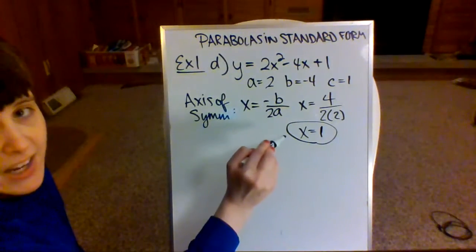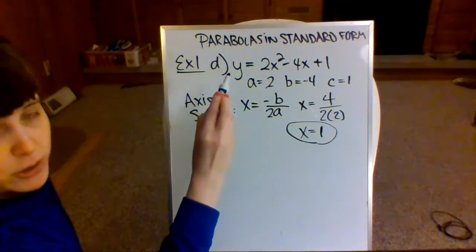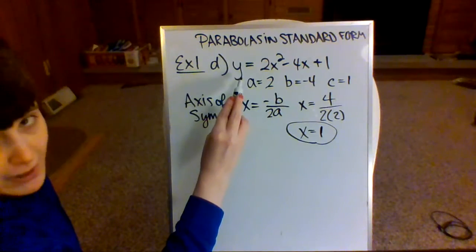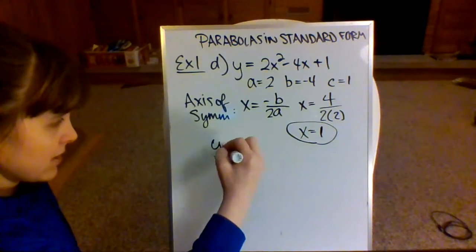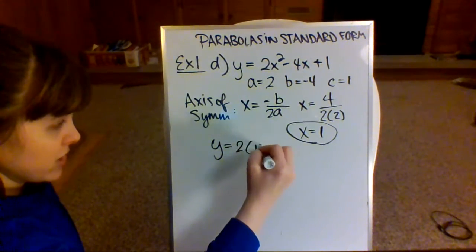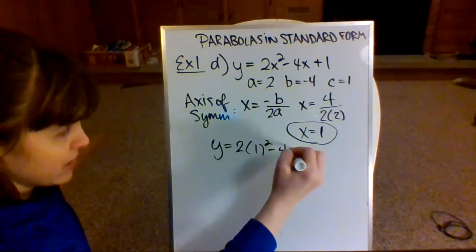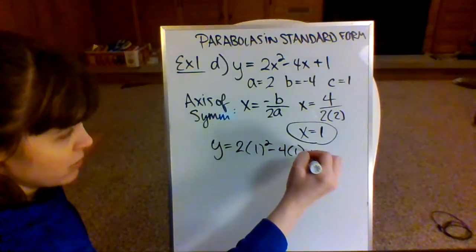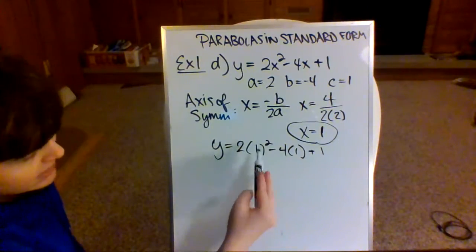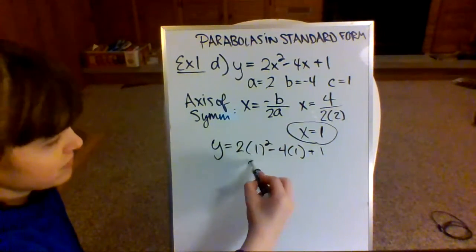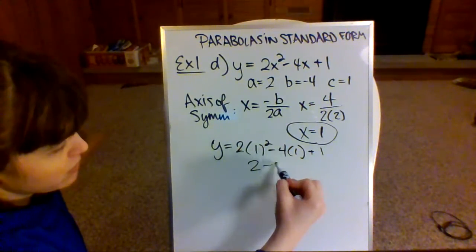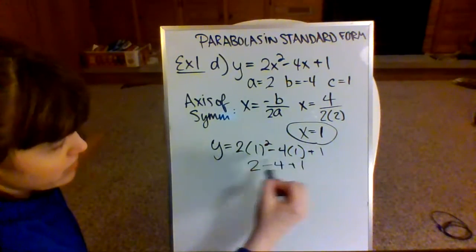Okay, now we're going to take that and plug it into our original equation up here to find the y value. So y equals 2 times 1 squared minus 4 times 1 plus 1. Okay, so this is going to turn into 2, and this is equal to -4 plus 1.